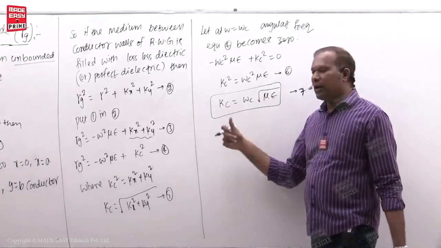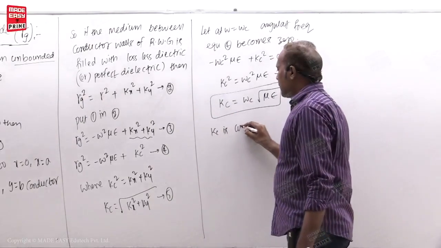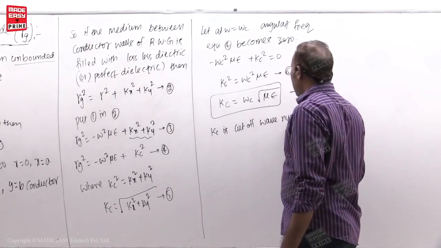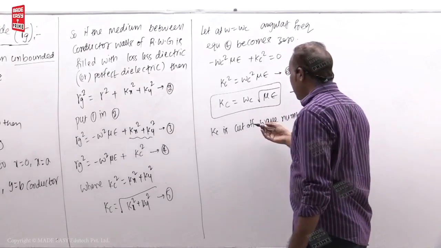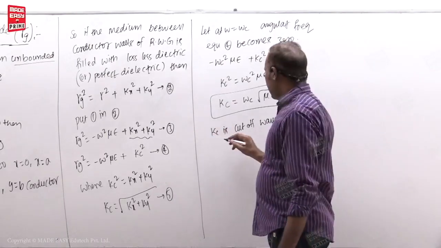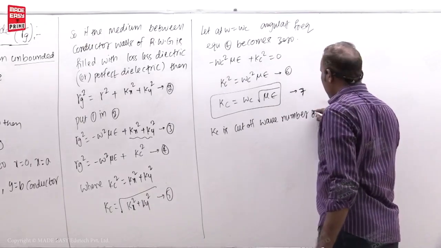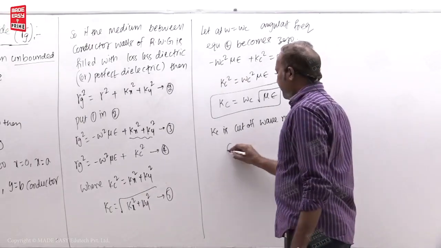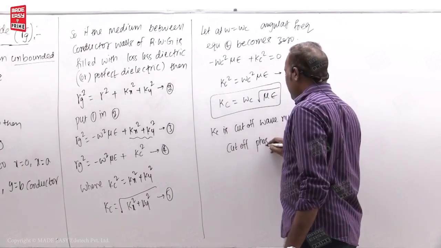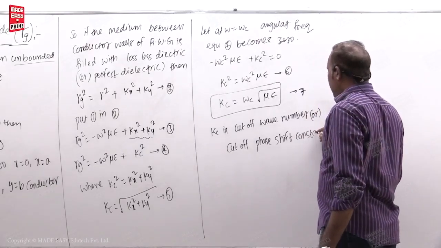In circular waveguide also I will write this, where kc is cutoff wave number, that is nothing but beta c only, students, or otherwise I will write here cutoff wave number or cutoff phase shift constant.